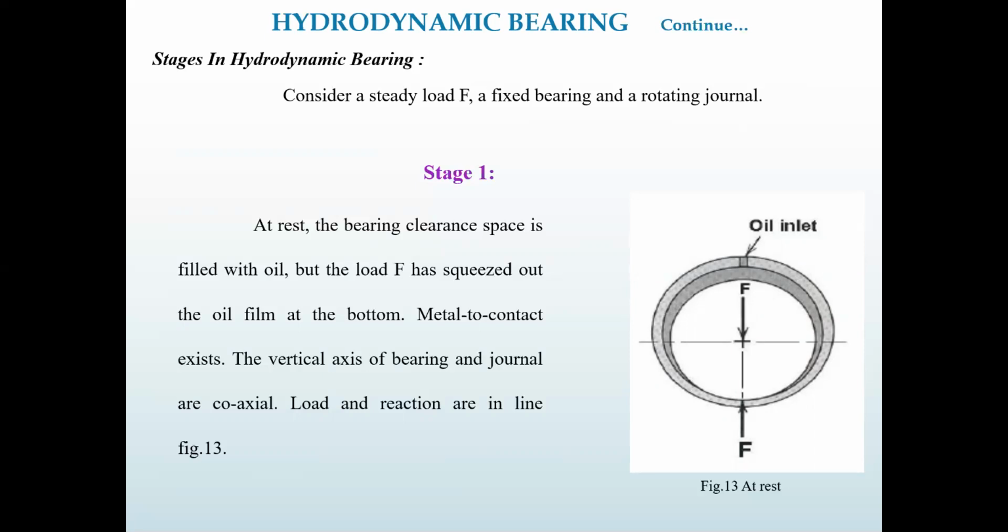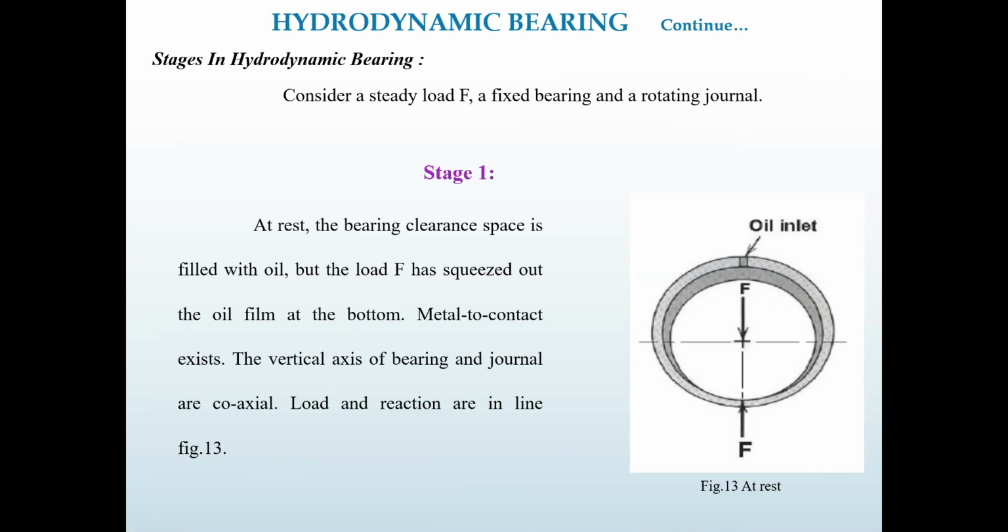Okay, so here the journal is mounted over the bearing. The bearing is created with the help of a sleeve. Don't confuse sliding contact and rolling contact. The structure, or you can say the mounting, is totally different in both bearings.